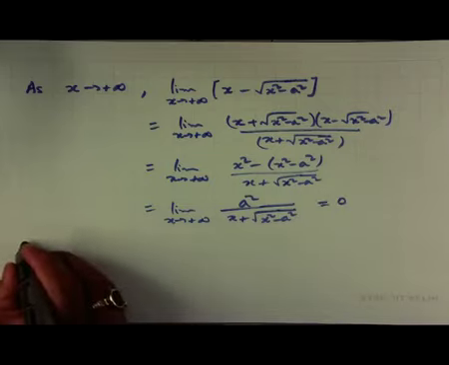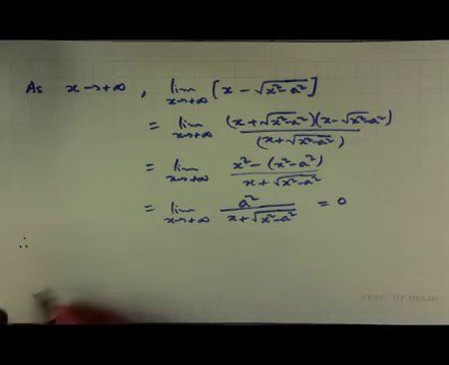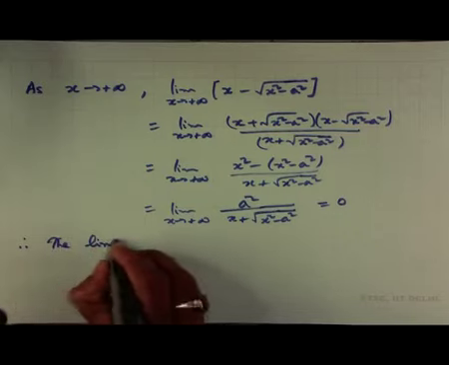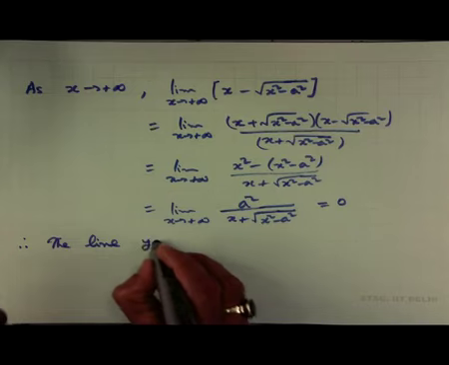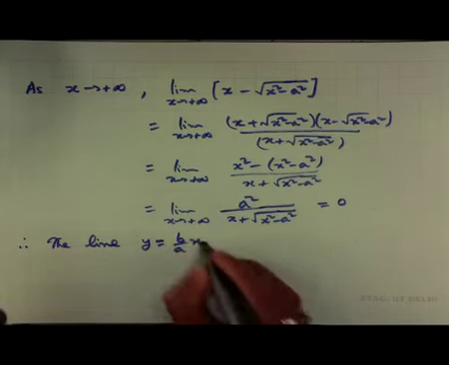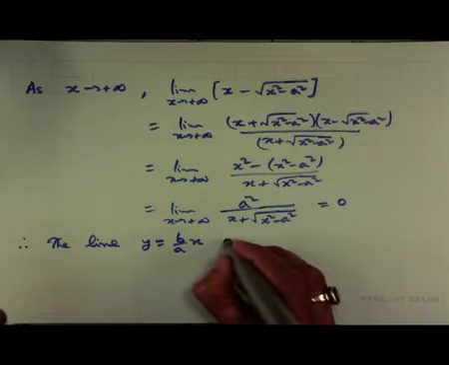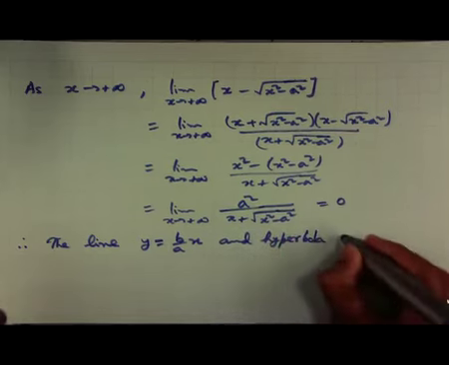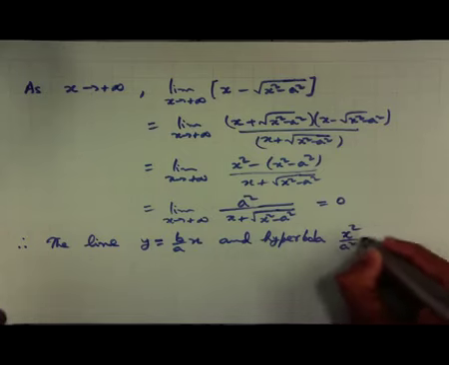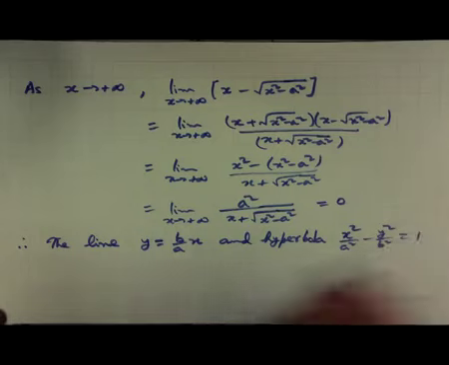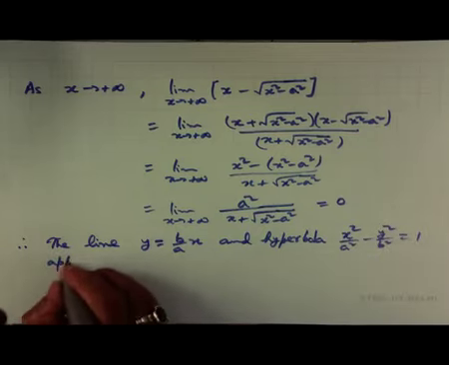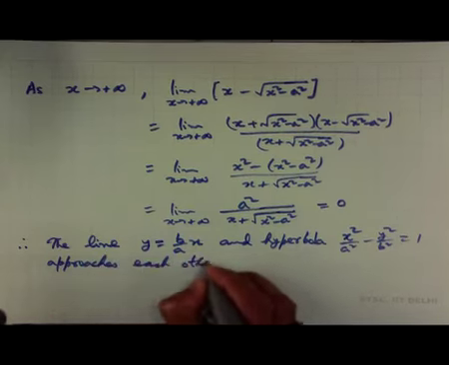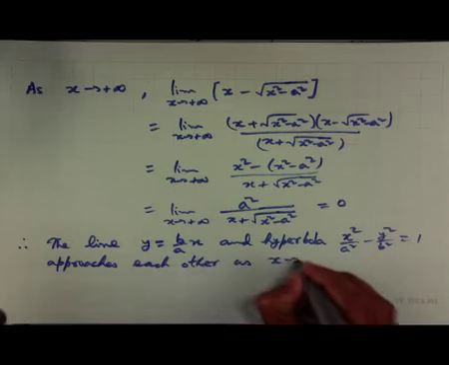Therefore, the line y equal to b by a x and the hyperbola x square by a square minus y square by b square equal to 1 approach each other as x tends to positive infinity.